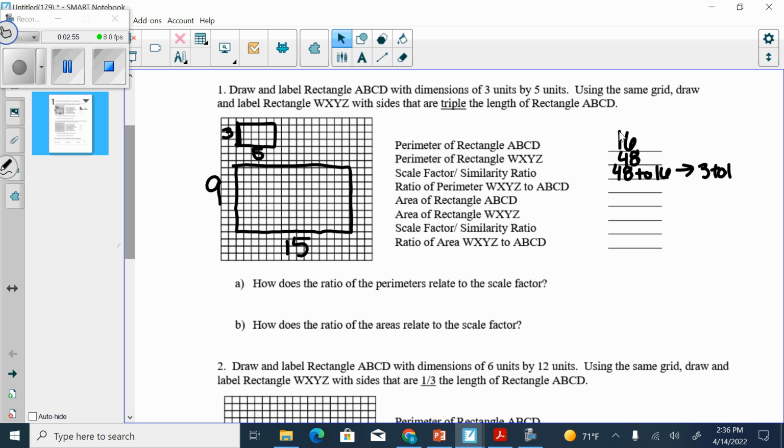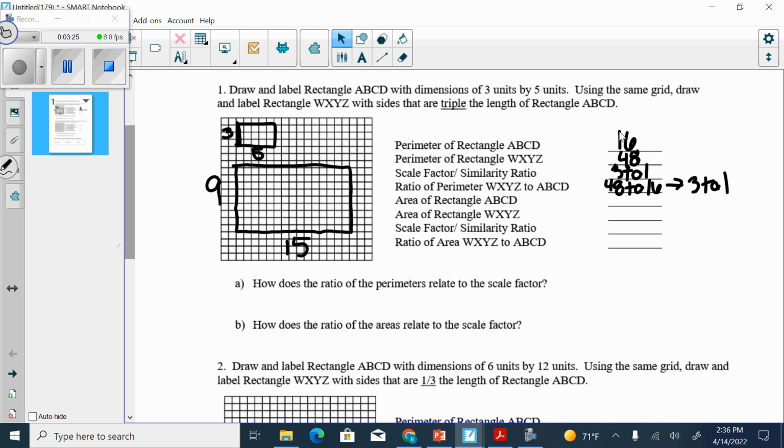Which makes sense because that is the scale that we increased our side lengths by, right? Okay. They then ask what is the ratio of the perimeters, sorry. This one would just have been 3 to 1. The one below is the 48 one. Sorry, guys. Didn't read the lines. Very good. 48 to 16, which is 3 to 1 when you simplify.